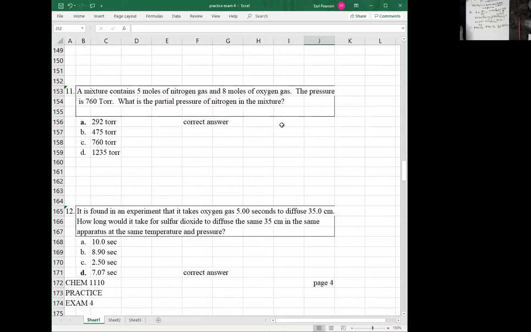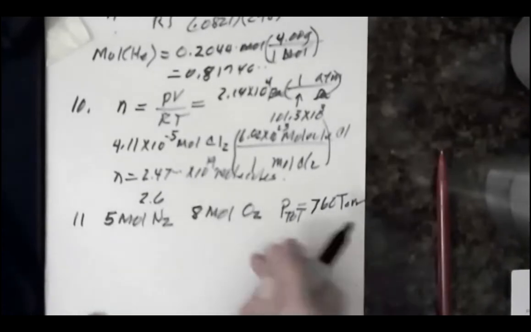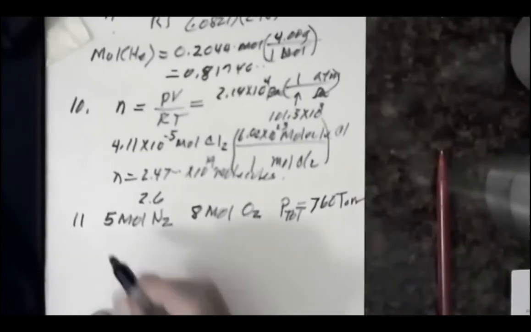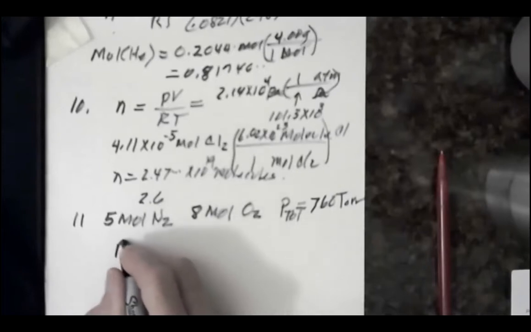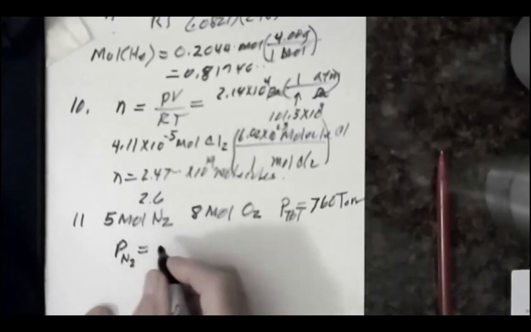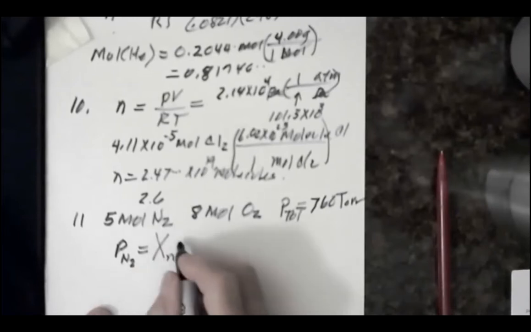And now we want to know what's the partial pressure of nitrogen. So the pressure of nitrogen in the container by Dalton's law is the mole fraction of the nitrogen times the total pressure.